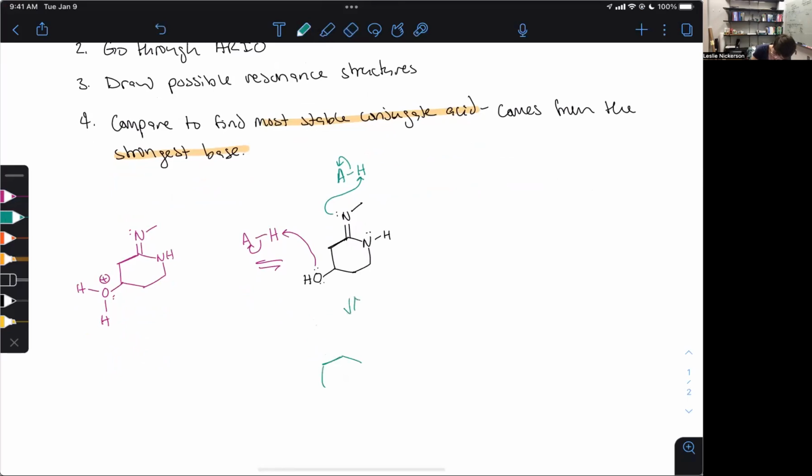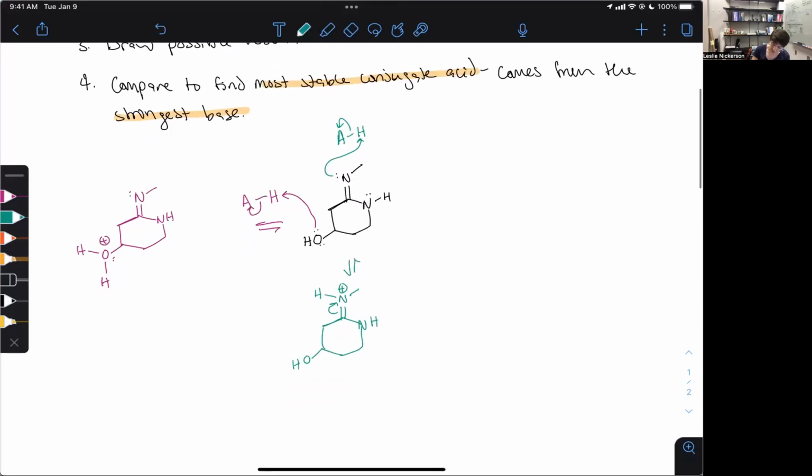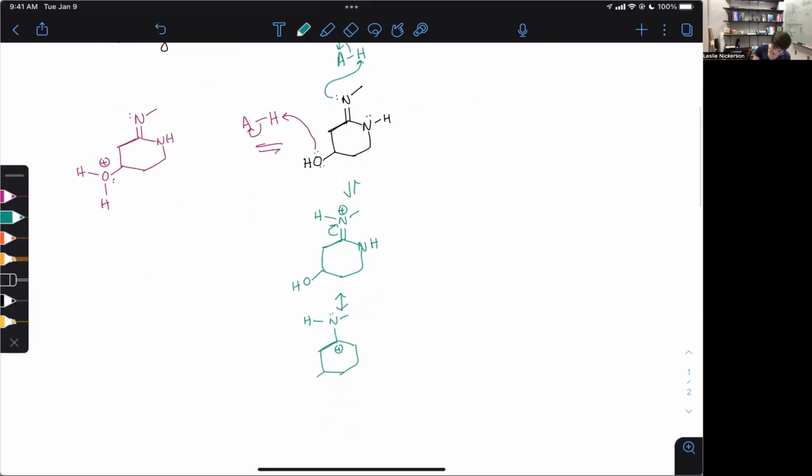I only have three, so don't need to cram too much. Okay, so now that nitrogen is positively charged. Do I have any resonance here? I absolutely do. So I can move a lone pair up onto my nitrogen, leaving my carbon positively charged.